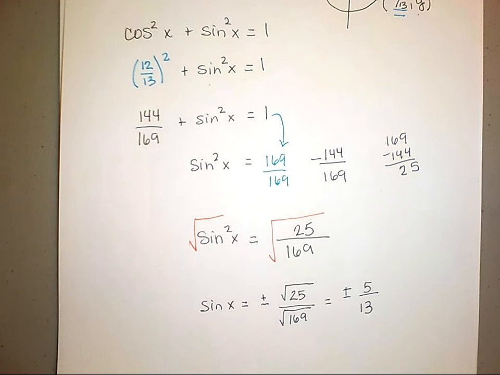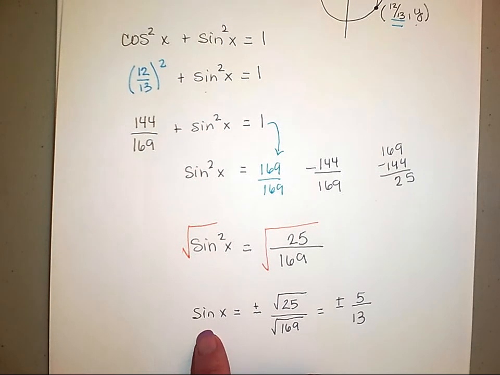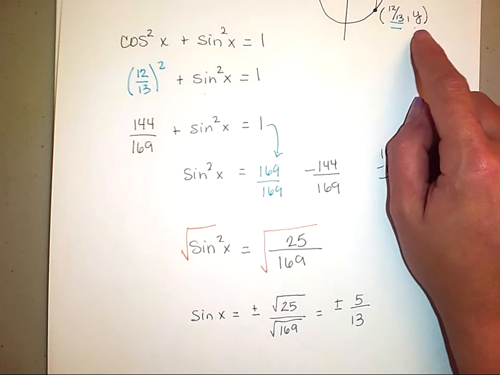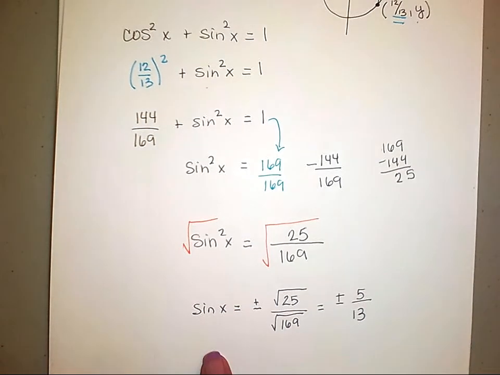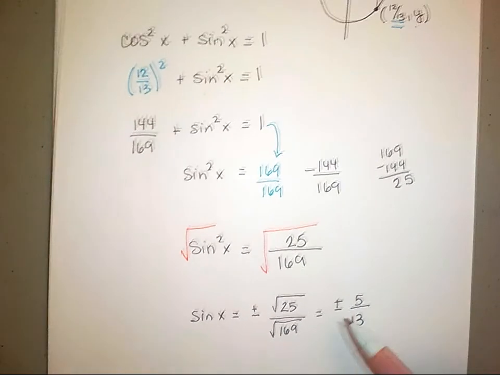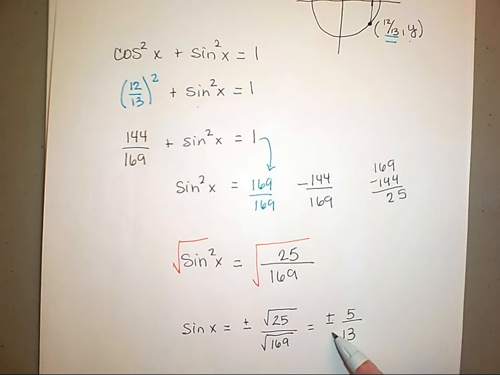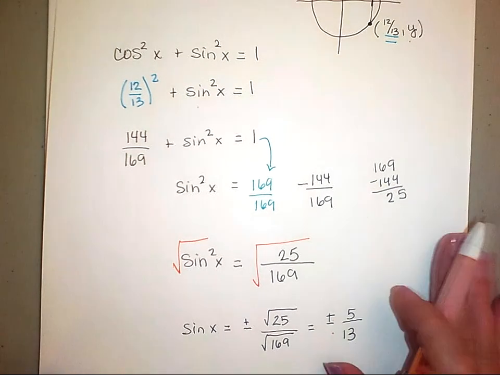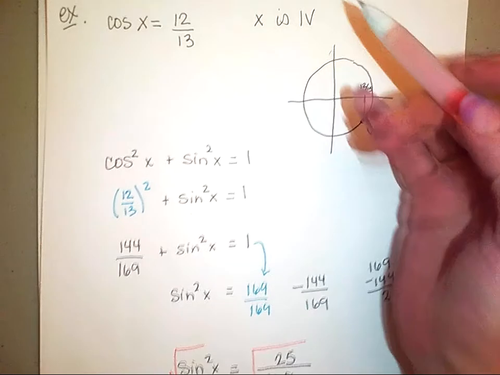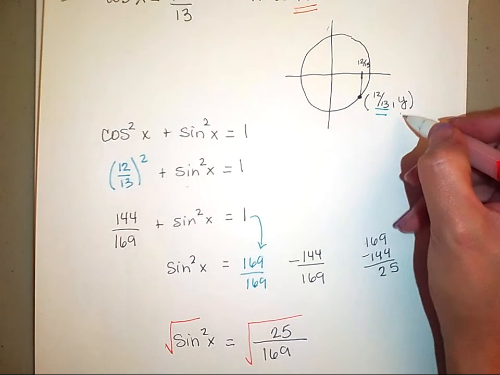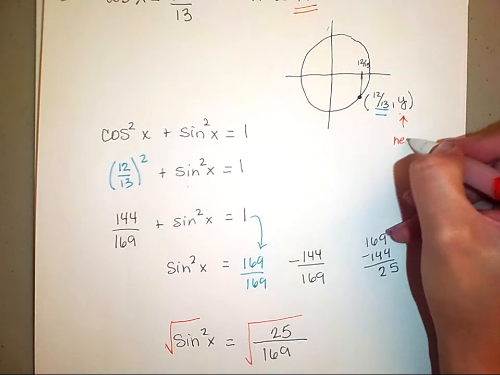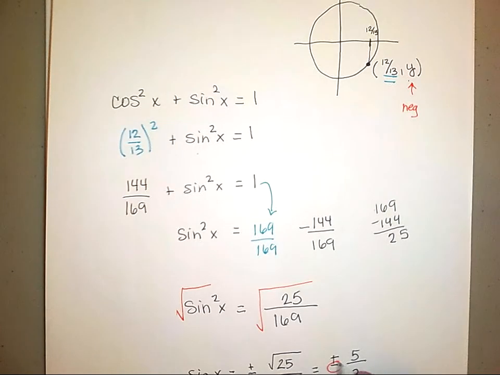Now we're on a unit circle, so the sine value that we pick here will be the y value that we're looking for. Okay. But which is it now? Is the sine positive or is the sine negative? Which one do we pick? And for that we have to come back and realize that we are in quadrant 4. So if you're in quadrant 4, this has to be negative. So we're picking the negative branch because of the quadrant that we were told.